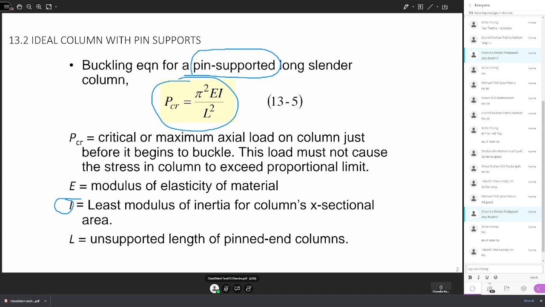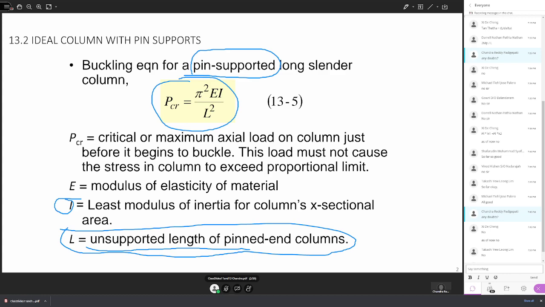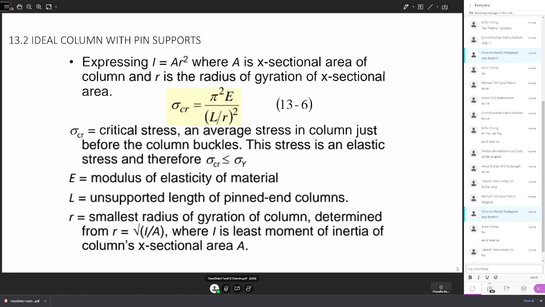L is the unsupported length of the pin end column. We'll slightly modify this equation a bit later. So the critical load is equal to pi square EI over L square. But how the length is defined, that is important. In this formula, L represents the unsupported length of the pin end column.